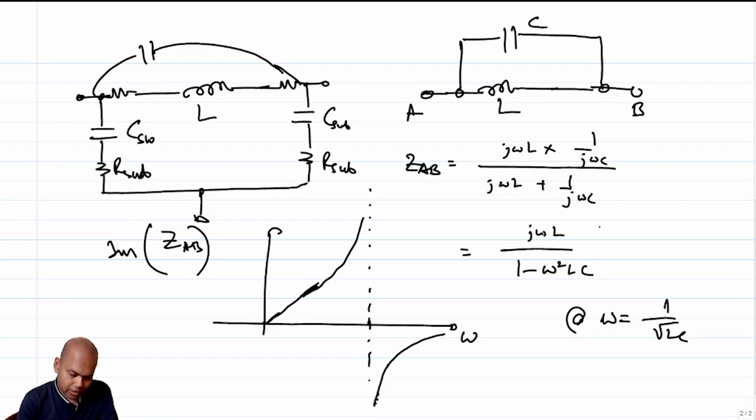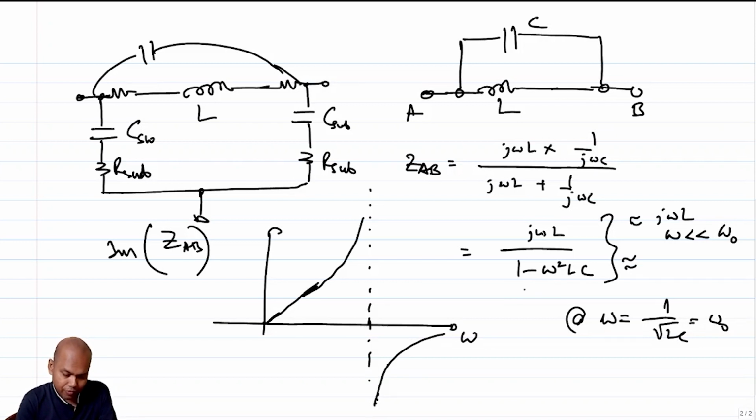So what I am saying is this one is approximately equal to j omega L for omega much less than omega naught. And if I am operating at omega much higher than the resonant frequency, this omega square LC term will dominate.